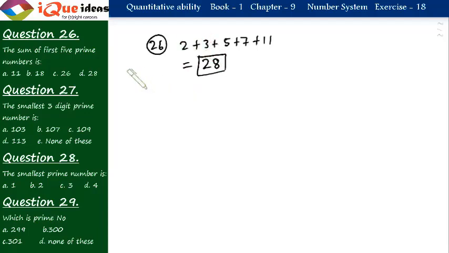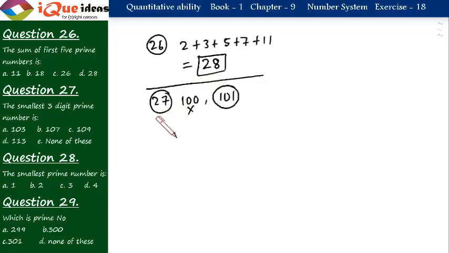Then we have question number 27. It says the largest 3-digit prime number is. Now the first 3-digit number is 100. We know it is not a prime number because it is divisible by 2 and 5. So this cannot be the answer. The next one is 101. Now 101 is not divisible by anything. You can check it. I hope you remember the method of checking a prime number, that is square root. Take the square root of that number, 101, that is approximately equal to 10.